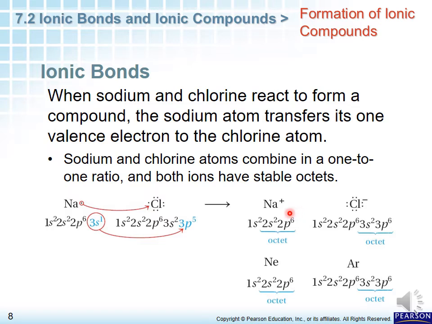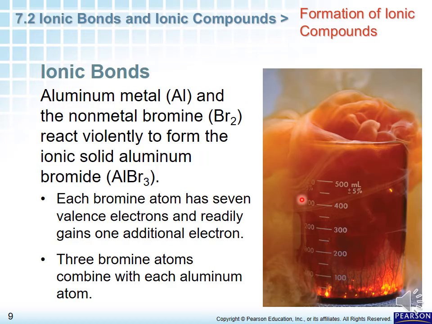But when they form a compound, which compound? NaCl. Because of this attraction, Na positive and Cl negative come close together and make a compound. This compound is called sodium chloride, which is an ionic compound, and the bond between them is called an ionic bond.